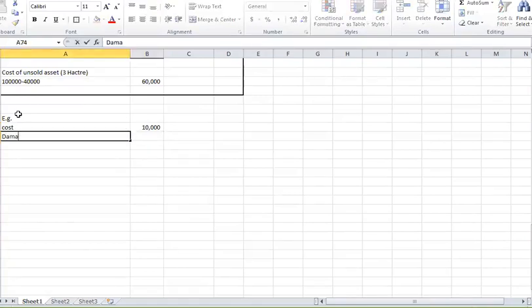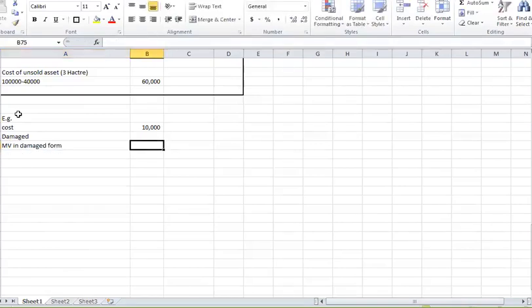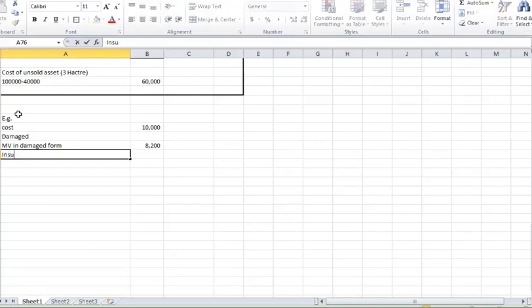It was damaged, and the market value of this asset in its damaged form is £8,200.